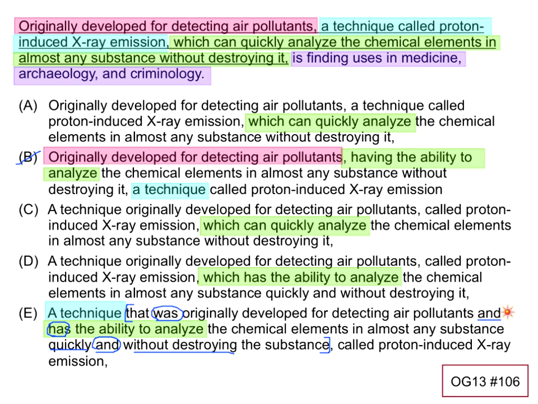Chumley was also talking about that. Oh, look at what Olivia says. Take a look at what Olivia says. Called proton-induced X-ray emission. What's called proton-induced X-ray emission? In the original sentence, it was technique. In answer choice E, what's called proton-induced X-ray emission?